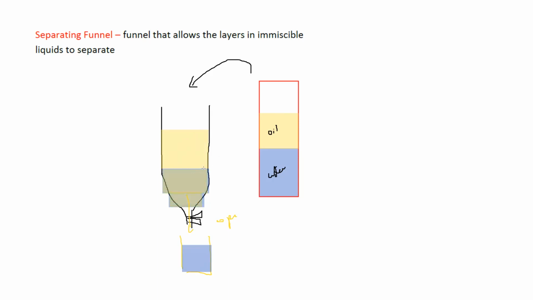When you close the tap, this will have only oil. So you separate the two substances from each other. This technique we call a separating funnel. Is it clear now?